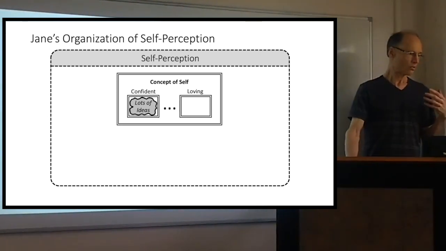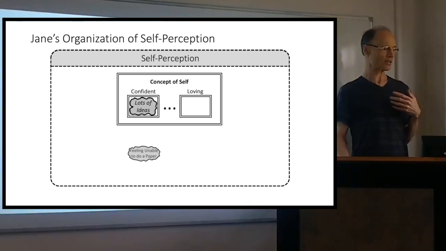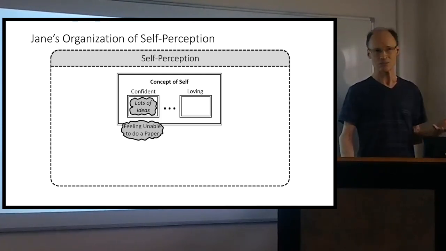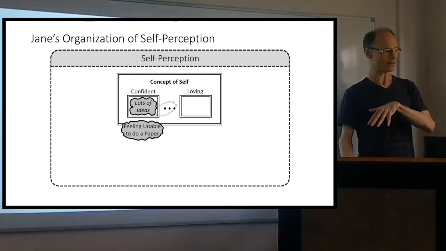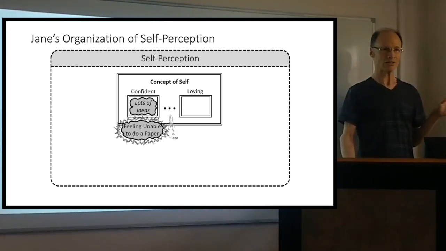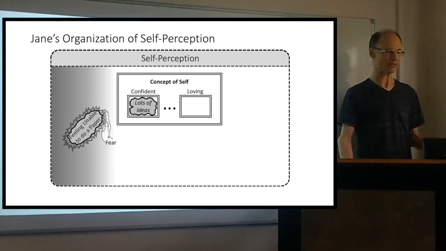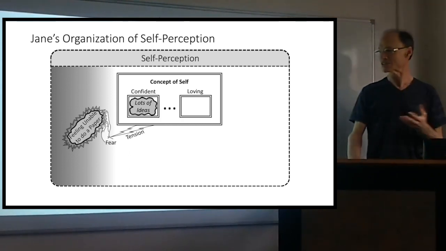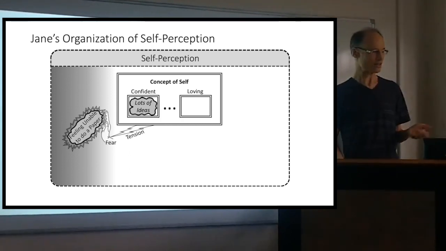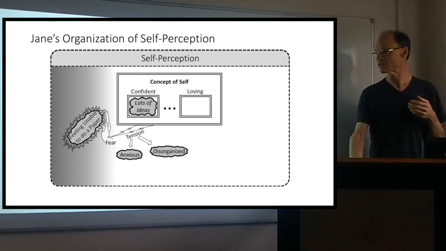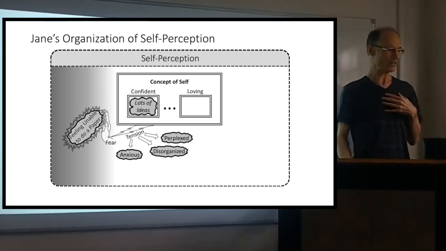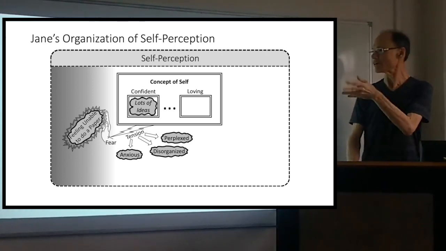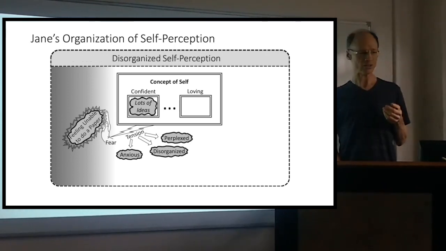But when she has experiences that do not align, that perception is perceived as a threat and is pushed away into the shadows of conscious awareness, which still leaves behind a persistent tension, and she feels anxious and disorganized and perplexed with what's going on inside her. So we could call this our model of disorganized self-perception.